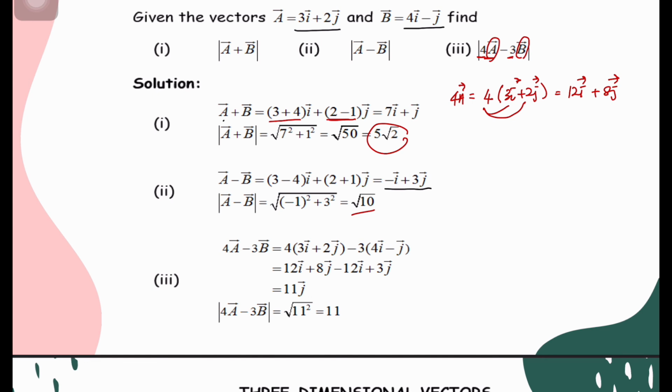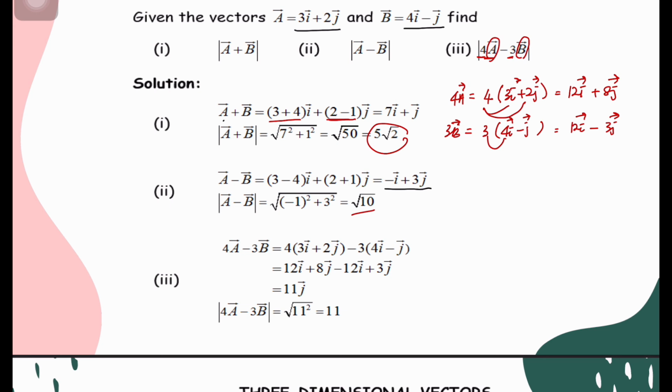Now we want to find 3b. 3b means the scalar 3 multiplied with vector b, which is 4i minus j. So 3 times 4 is 12i, minus 3 times j is 3j. So you have 12i minus 3j as 3b.